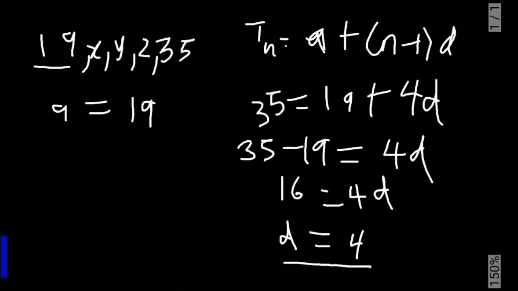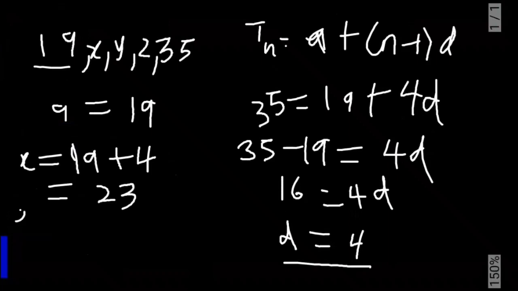So now that we have the common difference, we can get the value of the terms. So the first term is 19. The next term, x, would be 19 plus 4. We have 23.